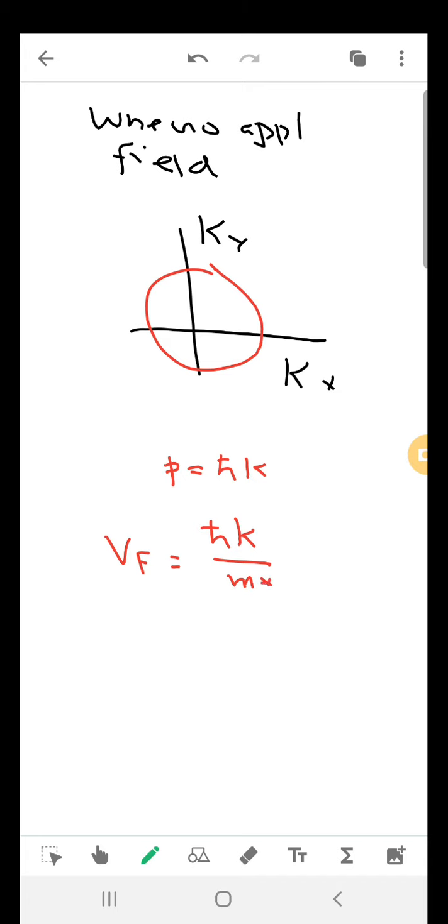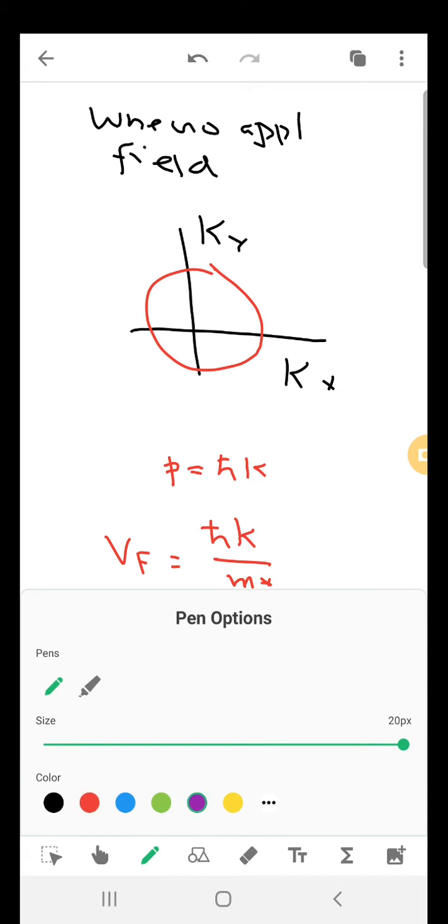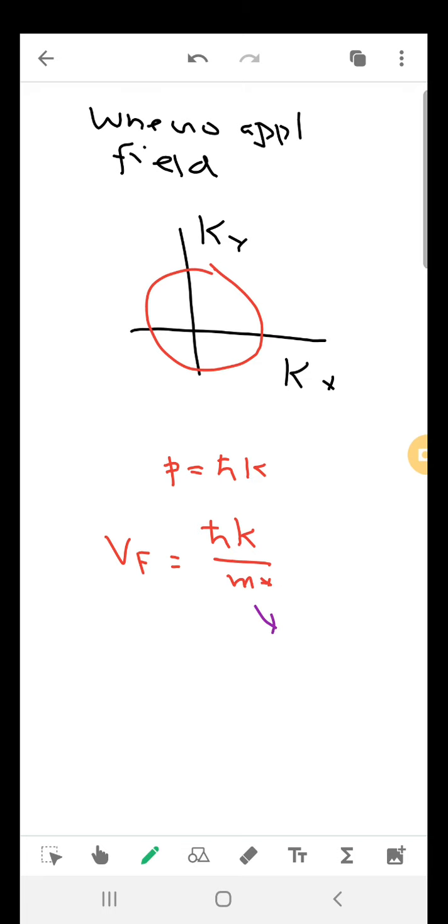M star here is the effective mass of the electron.